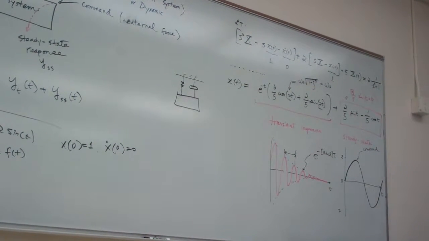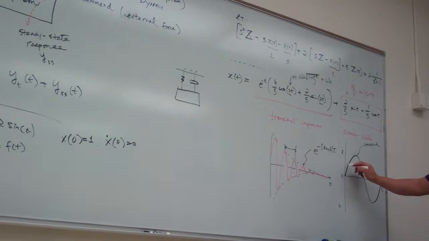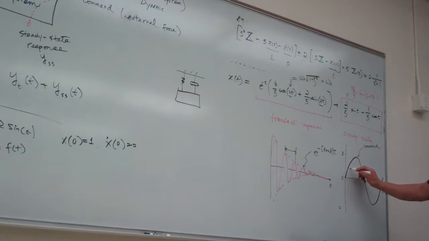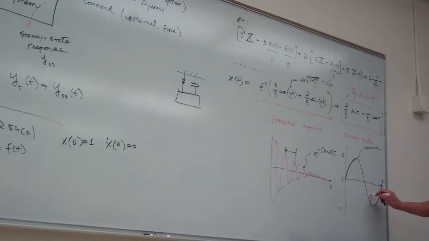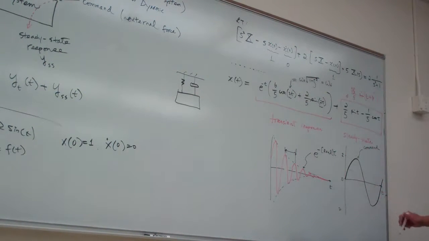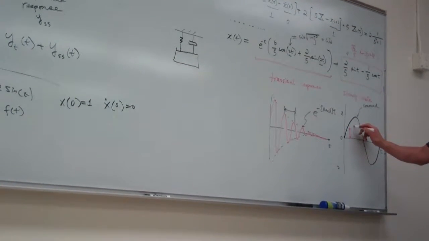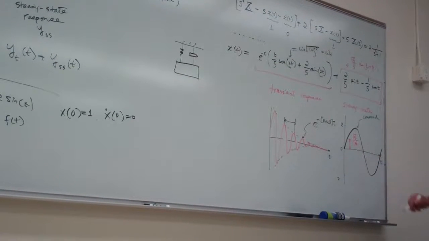So the amplitude here is this one. Let me draw the amplitude, which will be something like here. Okay, so the amplitude here is square root of 5 over 5.